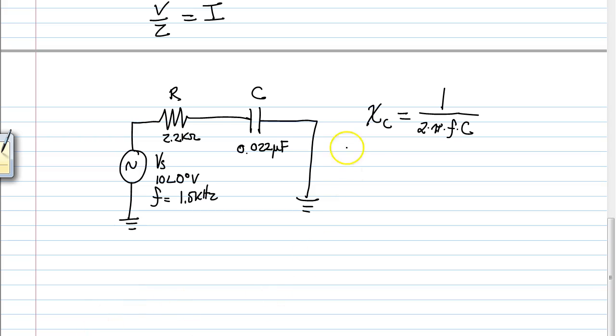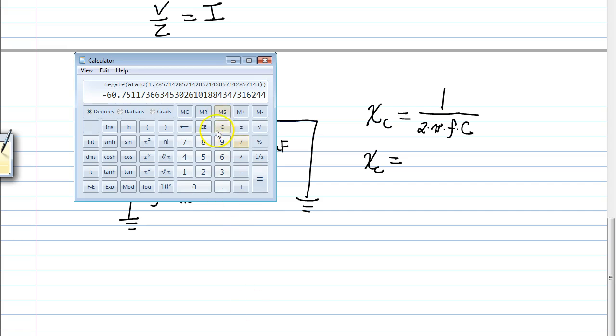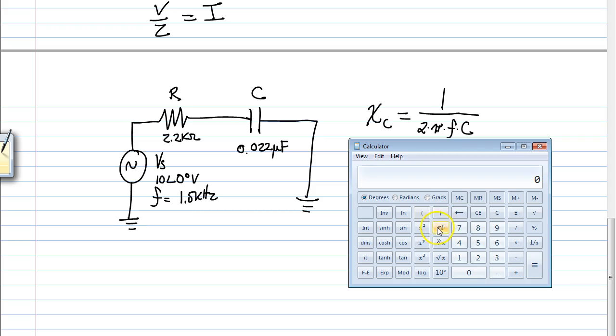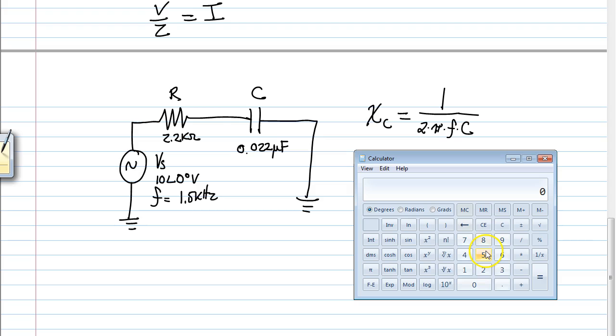So let me go ahead and compute what the reactance is for this particular example. Ooh, that's messy, isn't it? All right, so, and 1.5 kilohertz. I'm going to do the denominator first. It's 0.022 microfarads, so that makes it 22 nanofarads. I think that's the equivalent.